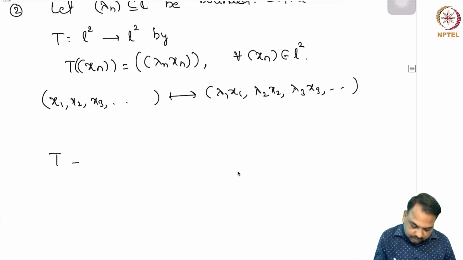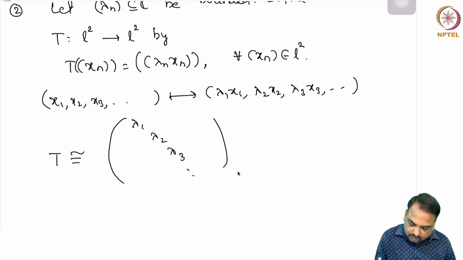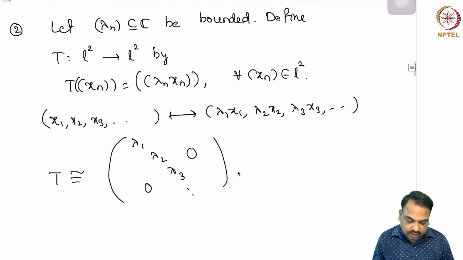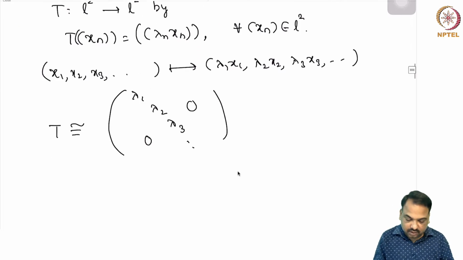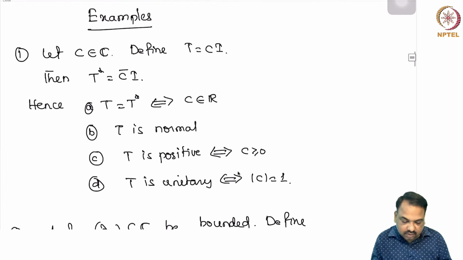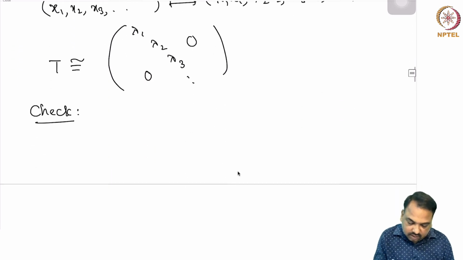With respect to the standard orthogonal basis. Okay. Now we want to see under what condition T is self-adjoint, positive, normal and unitary. So we can easily check that by looking at the earlier example. We can easily show that T is always normal.